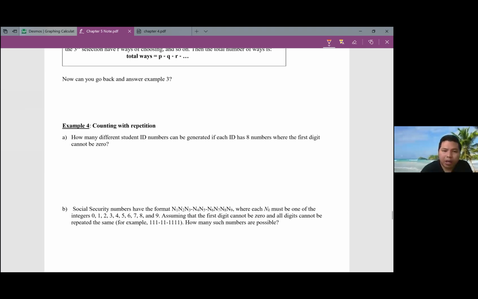So we have 1, 2, 3, 4, 5, 6, 7, and 8. Each ID has 8 numbers, and the first number cannot be 0. When you talk about the number system, the digits go from 0, 1, 2, 3, all the way to 9, okay?